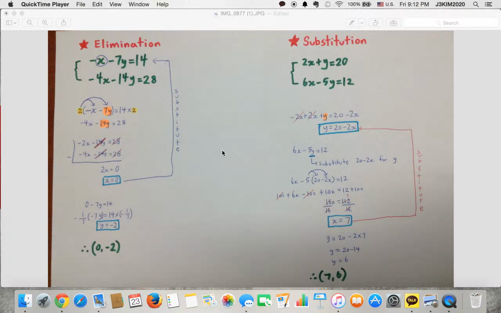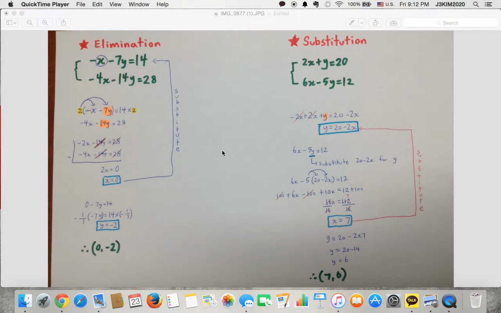To get rid of one variable, you will need to make either of the variable's coefficients' absolute value the same, and then either add the two equations if the signs of the coefficients are different, or subtract the two equations if the signs are the same.